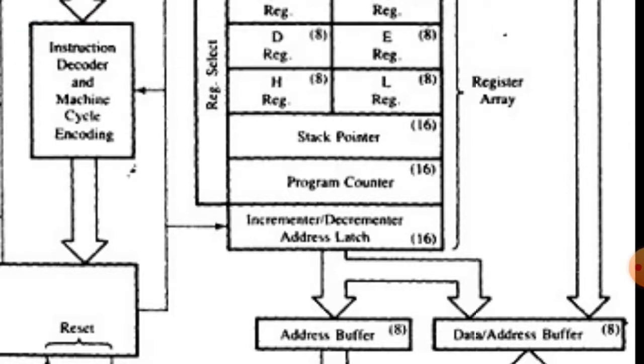The microprocessor increments this program counter whenever an instruction is being executed, and it goes to the next step. The function of the program counter is that it points to the memory address and informs the microprocessor which is the next instruction. So that is the function of your 16-bit program counter.